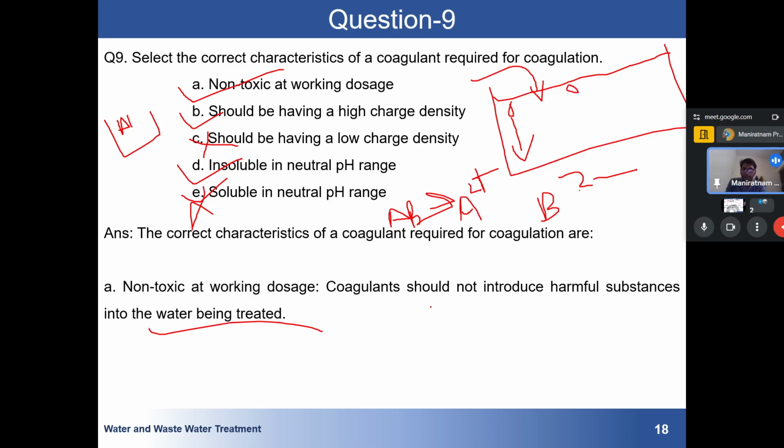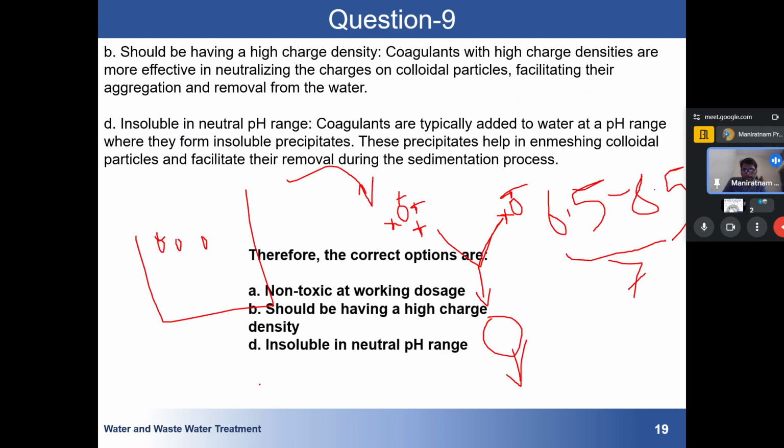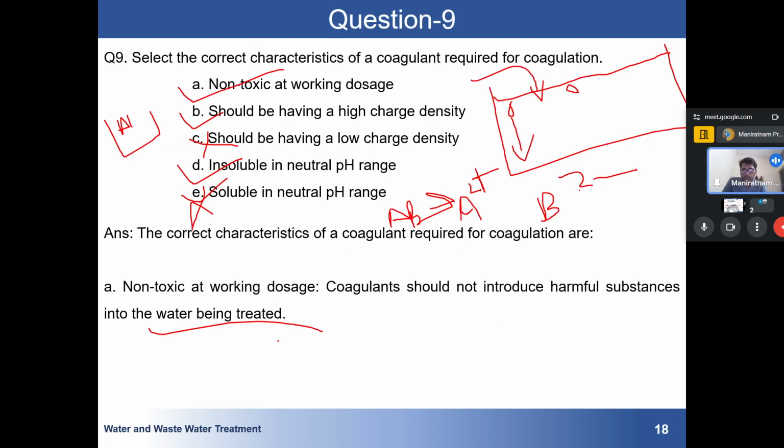So my main objective will not be fulfilled, and there won't be any kind of coagulation in the system. I hope this is clear to you. So the correct answer is A, B, D: it should be non-toxic at working dosage, should have high charge density, and be insoluble at neutral pH. I hope this is clear to you.